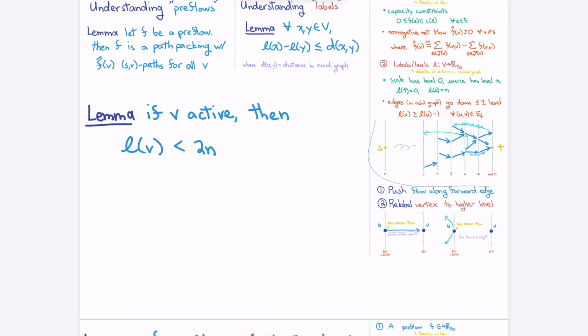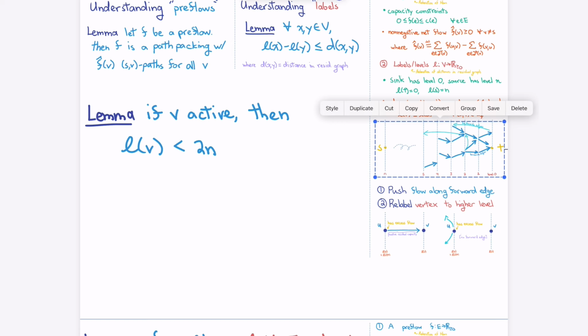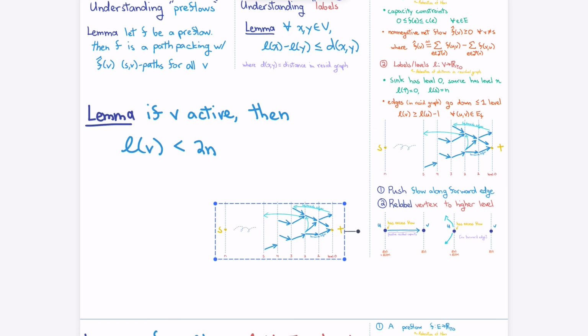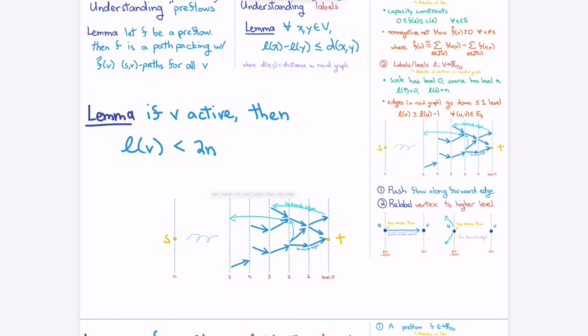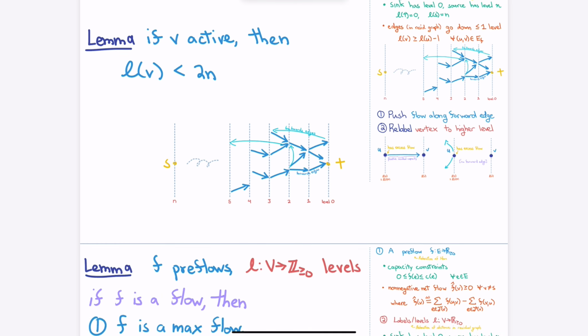Okay, and then here was another one that I think we talked about very briefly, so I'll just remind us. The claim is that if you have any active vertex, then the level is at most 2n. The basic idea is that if you had a vertex all the way over here at some very high level, and this had some extra flow, we know from that earlier lemma that there must be some path in our current preflow going from S to this vertex.